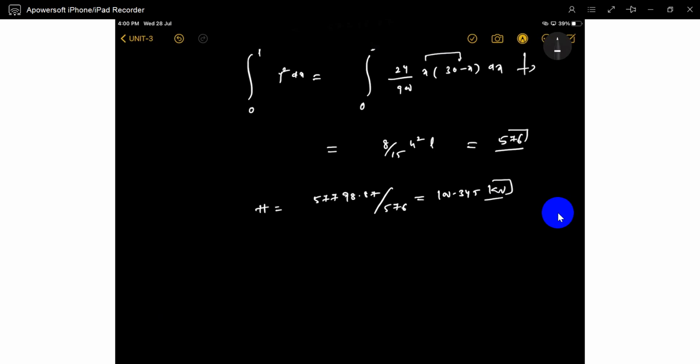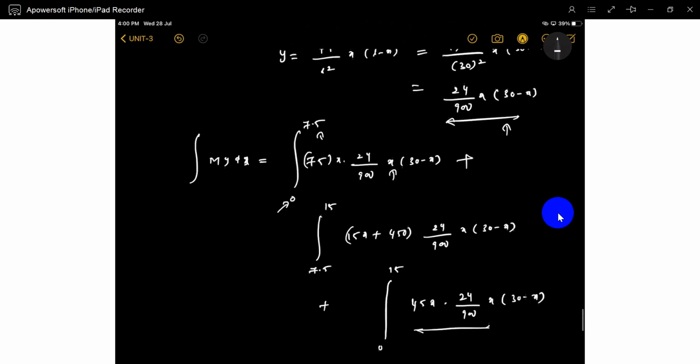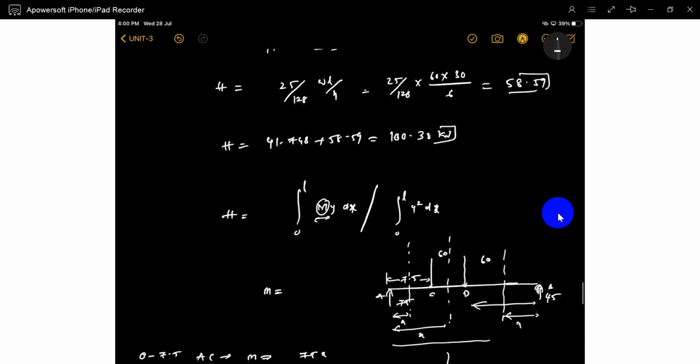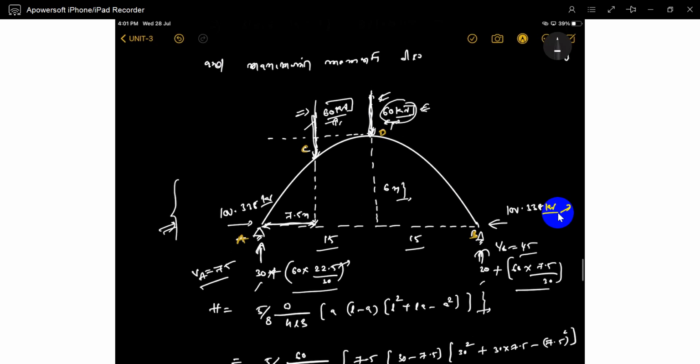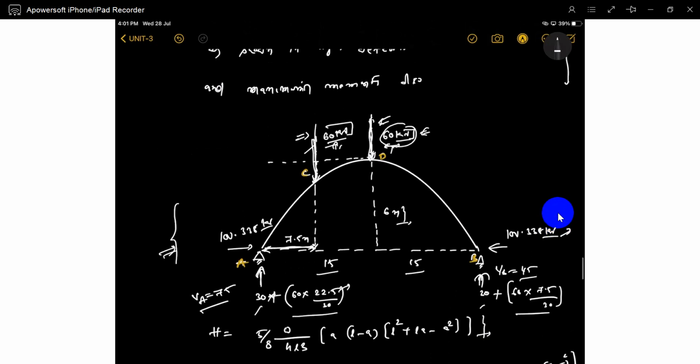Let's see how the bending moment profile looks like.